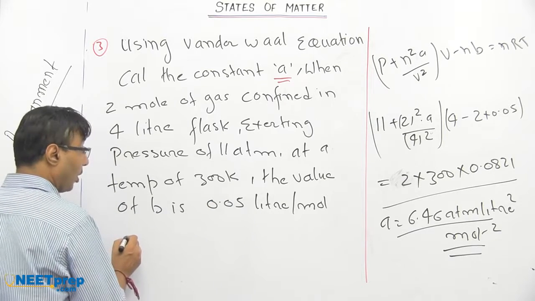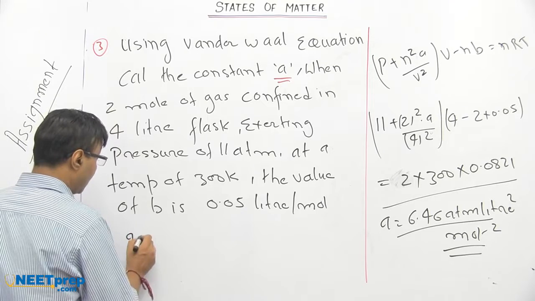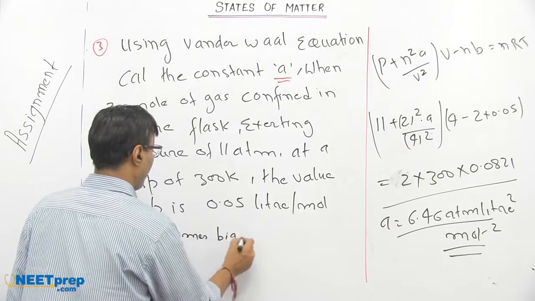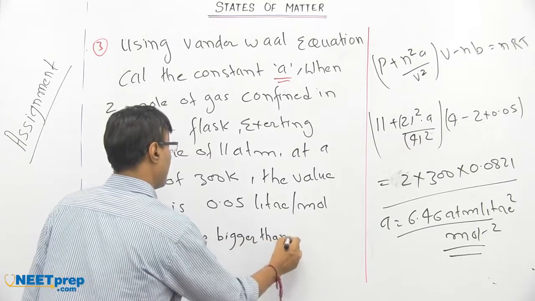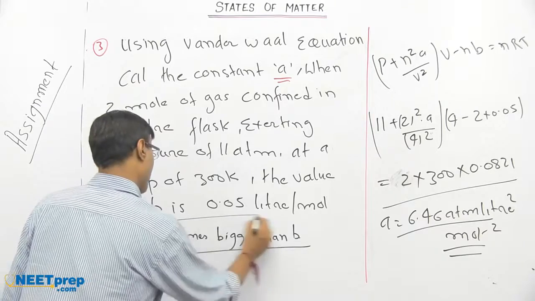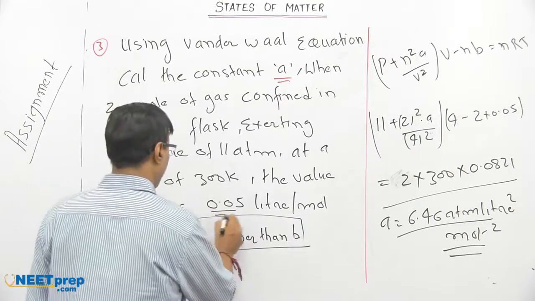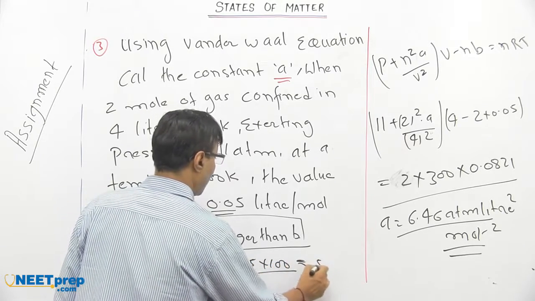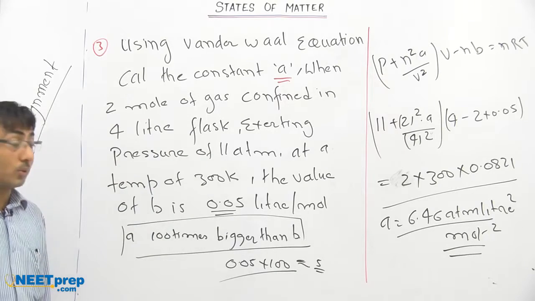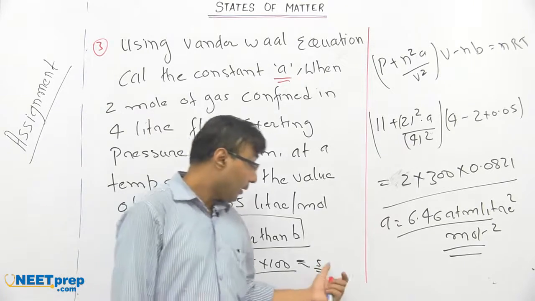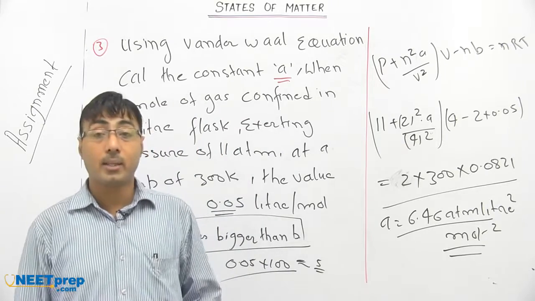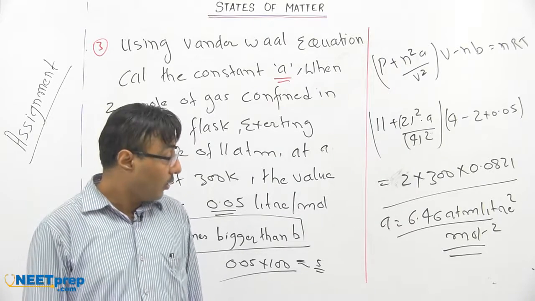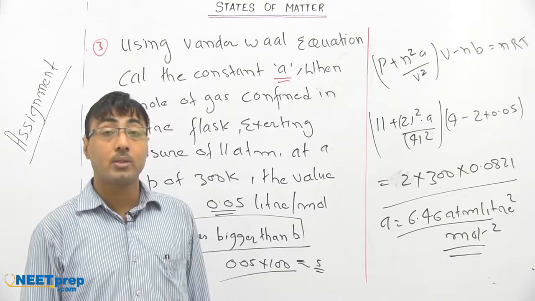Almost every time A is 100 times bigger than B. What was the value of B? 0.05 multiplied by 100, you will get an answer nearly 5. But what is the answer? 6.46. So it's a very interesting fact that A is more than 100 times B. So if you know the value of B, we can have an idea what can be the tentative range of A.